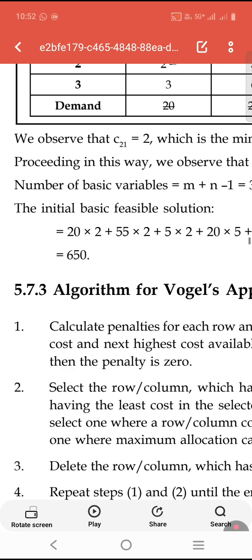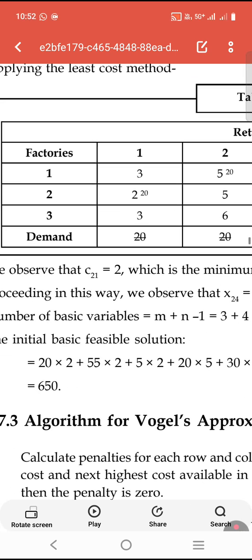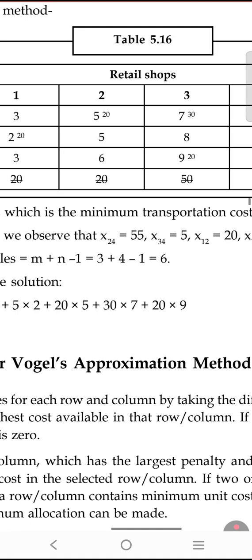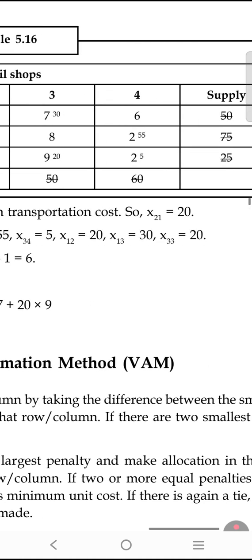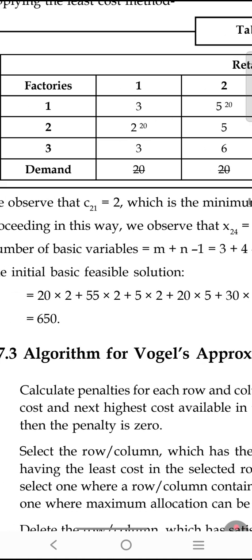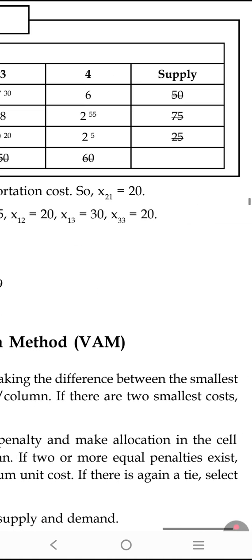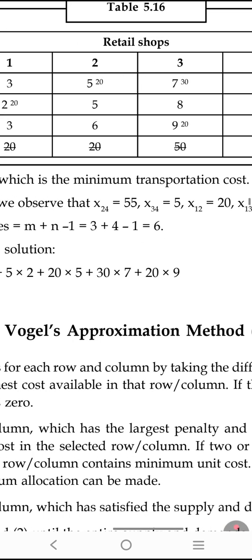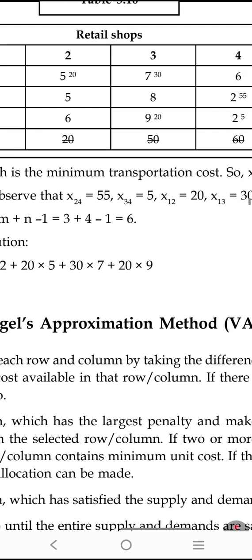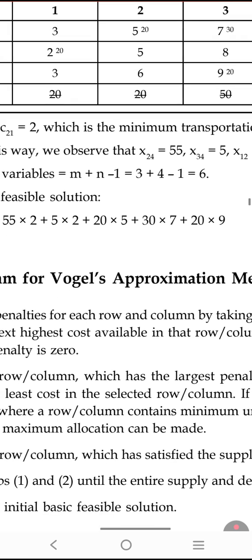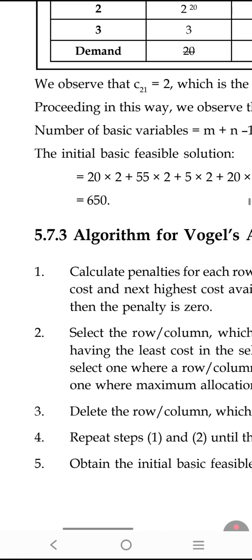The total transportation cost is 5 into 20, 7 into 30, 2 into 20, 2 into 55, 9 into 20, and 2 into 5, so the total transportation cost is 650.